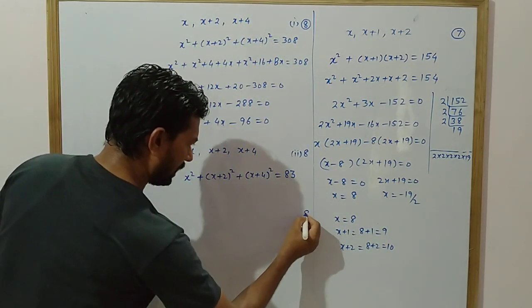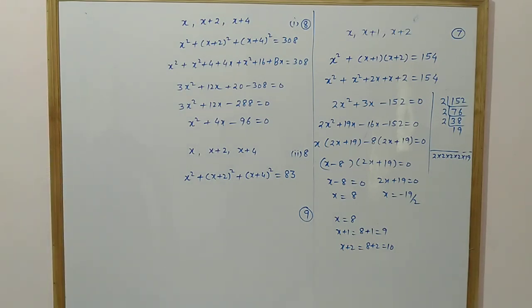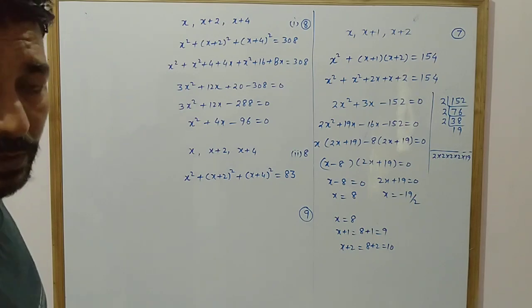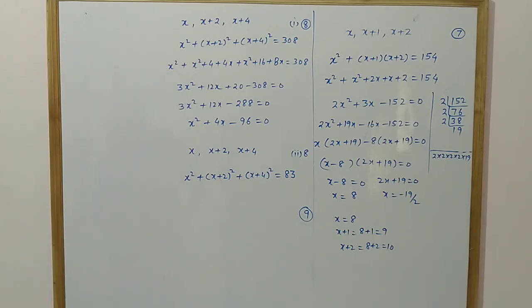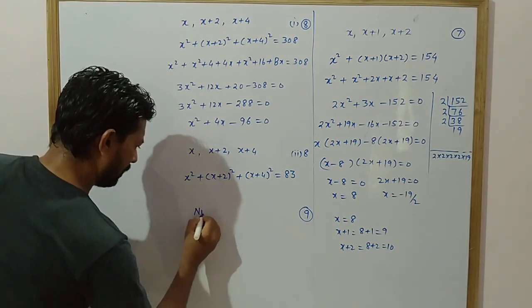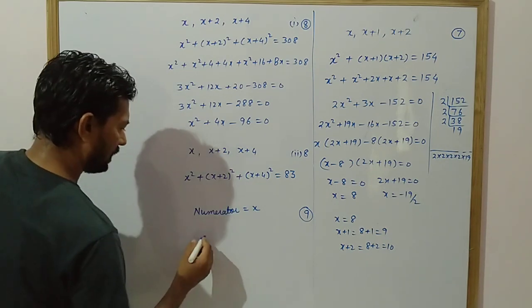Next, question number 9. In question number 9, it is given that in a certain positive fraction, the denominator is greater than the numerator by 3. So here we are taking the numerator, let it be x.